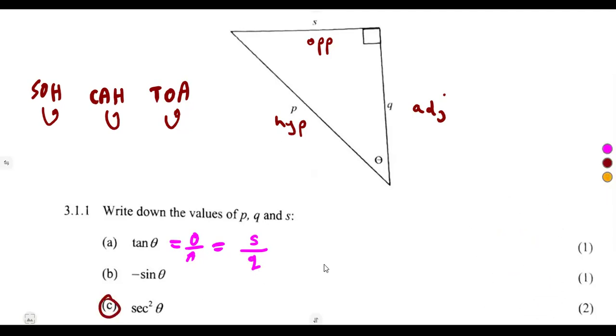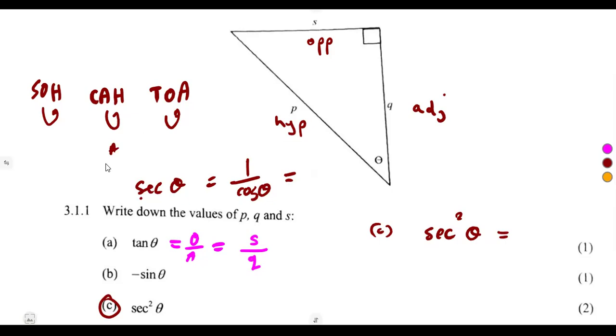Then the sec squared theta. Remember that sec, as we do understand, is 1 over cos. So if it is 1 over cos, what does it mean? Cos is adjacent over hypotenuse. So once you say 1 over that, it is the reciprocal, so it will be hypotenuse over adjacent. You interchange.